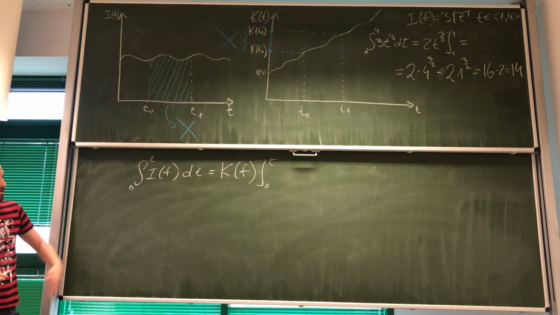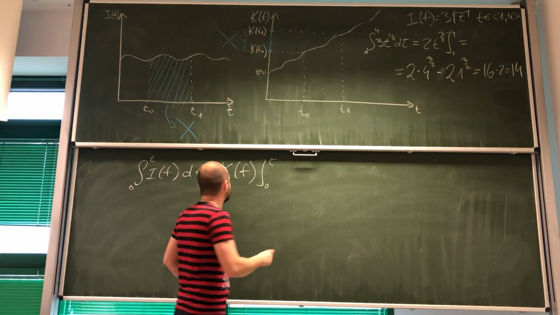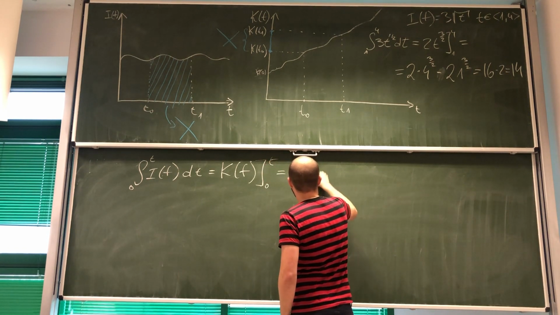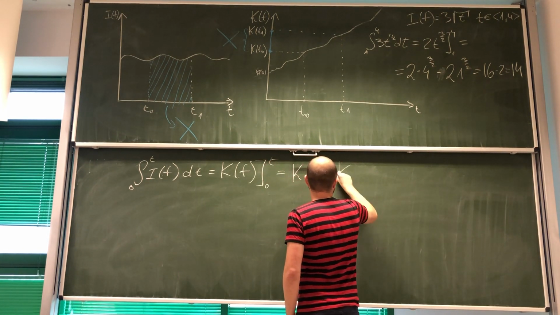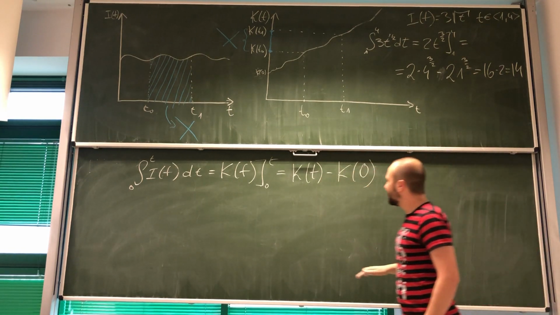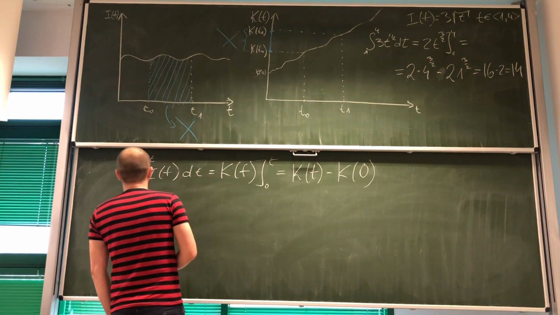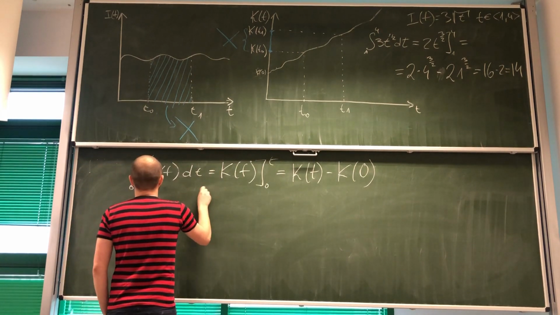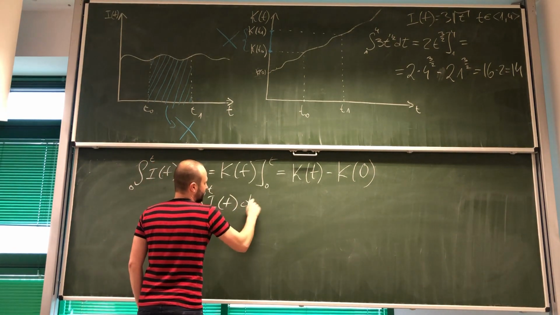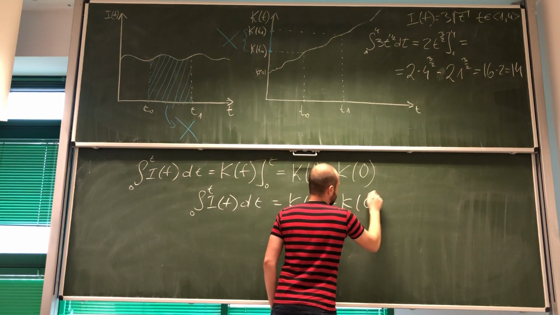And now, if I substitute those two, I'm getting that this is k(t) minus k(0). This integral is of course equal to k(t) minus k(0).